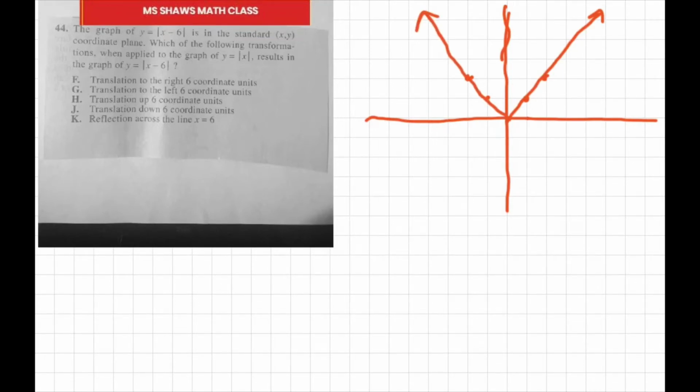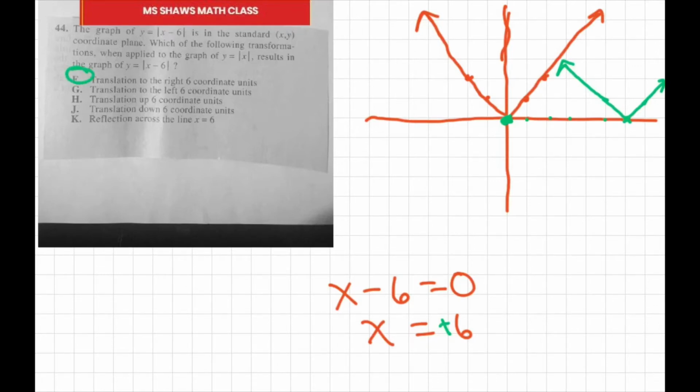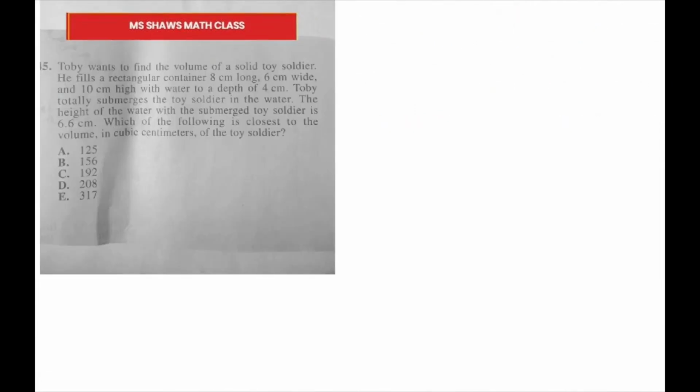And when you have x minus 6, you just set x minus 6 equal to 0, so x equals 6. That just means it's shifted to the right by 6, because this is positive. It's the distance from 0: 1, 2, 3, 4, 5, 6. That would just be your horizontal shift to the right by 6 units. The choice is translation to the right 6 coordinate units. That's how they say it. So that's F.